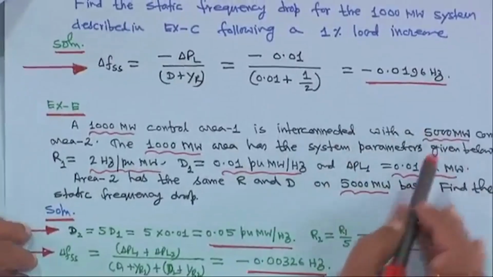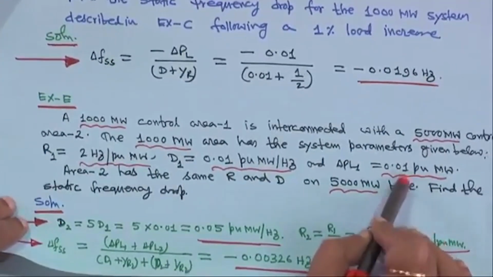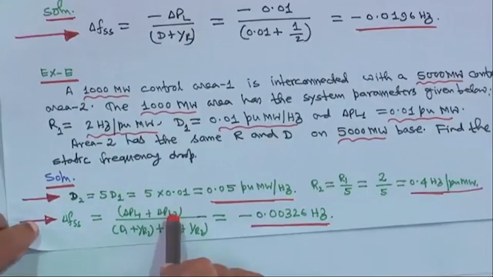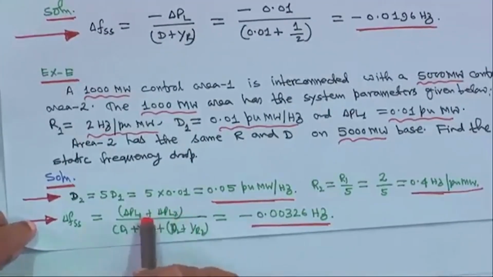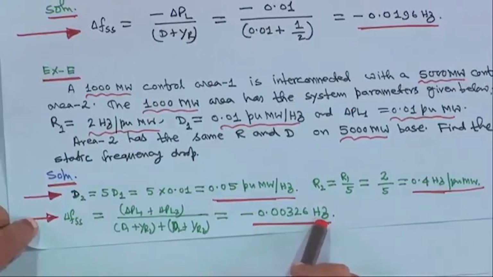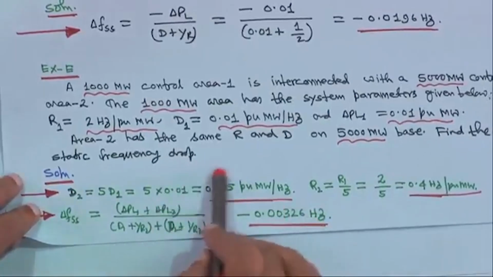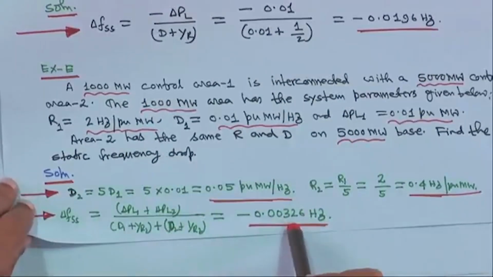The disturbance is only in area 1, that is 0.01 per unit megawatt. Delta PL2 is 0. If we take A12 equal to minus 1, it will become plus. Previously all these things were derived, and you will get minus 0.00326 Hertz. This is the steady state error in the frequency. So whenever you say the static frequency drop, it means this steady state error, right?